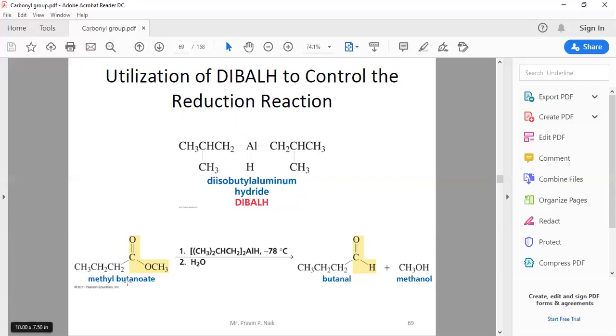So you can see here the reaction, methyl butanoate reacting with DIBAL-H. The temperature required to carry out this reaction is minus 78 degrees Celsius, and it forms the aldehyde. And then this aldehyde again reacts with a second molecule to give you the alcohol.